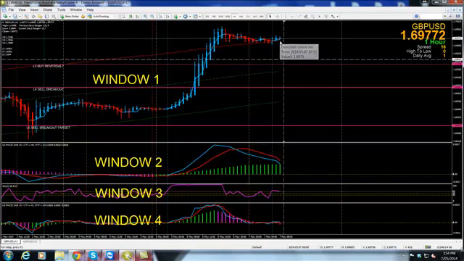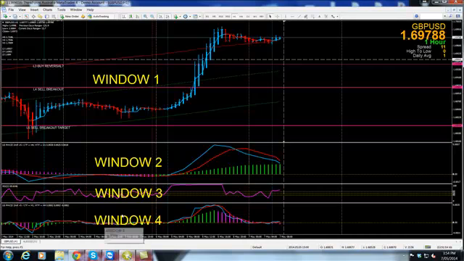So the thing I want to do at this stage is to decide whether the market is going to give me a buy or a sell signal. And one of the main windows that will tell me that is window 4. There are four windows.